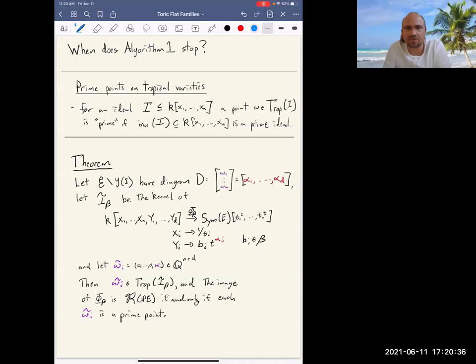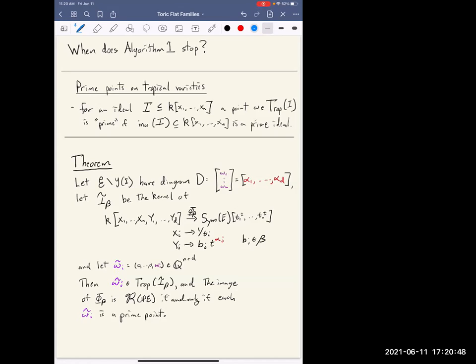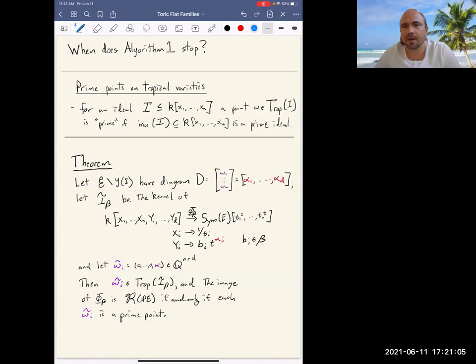Say if you take a Mori dream space and embed it into a smooth toric variety by the Hu-Keel embedding, that would be your model situation. That's right. And in that case, my guess is you could replace Sym E with the coordinate ring of the open part, and then this map would be the corresponding embedding of the open part into the torus.